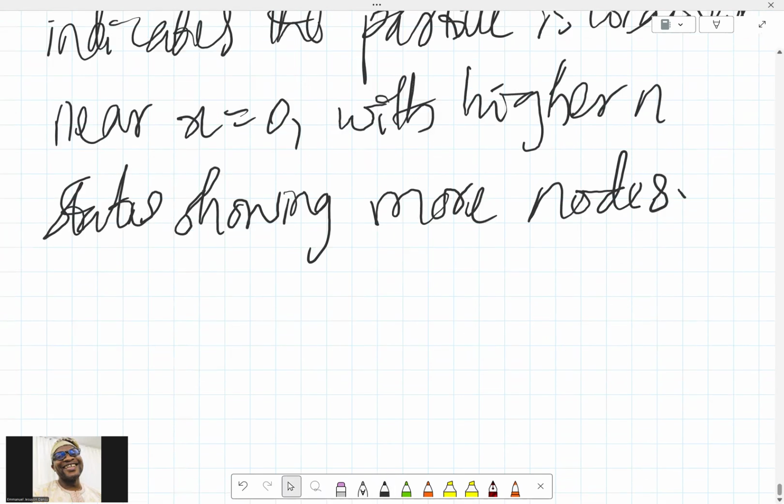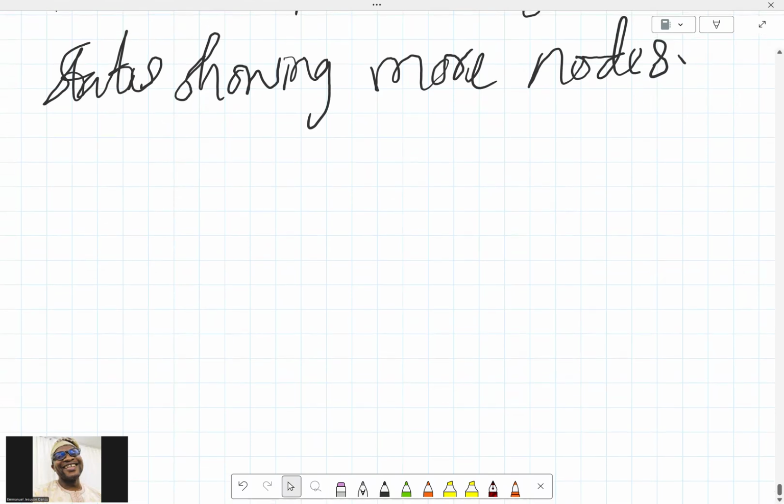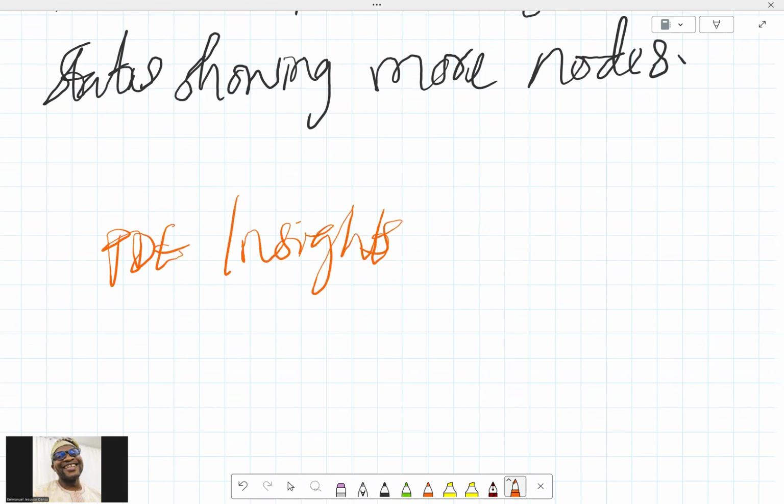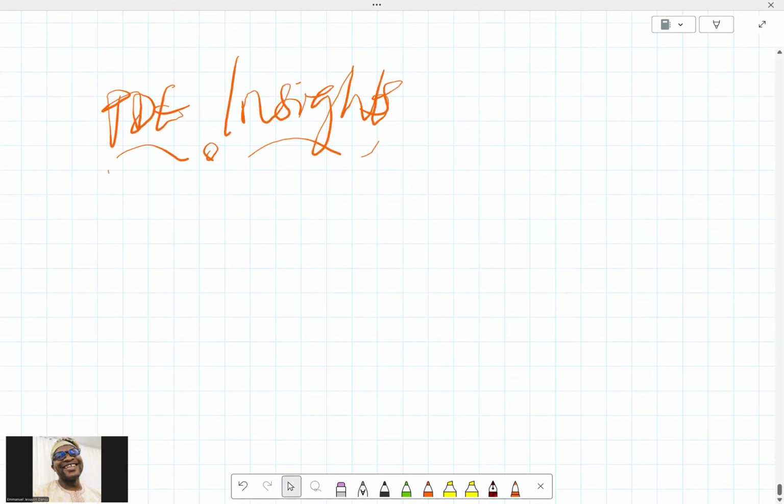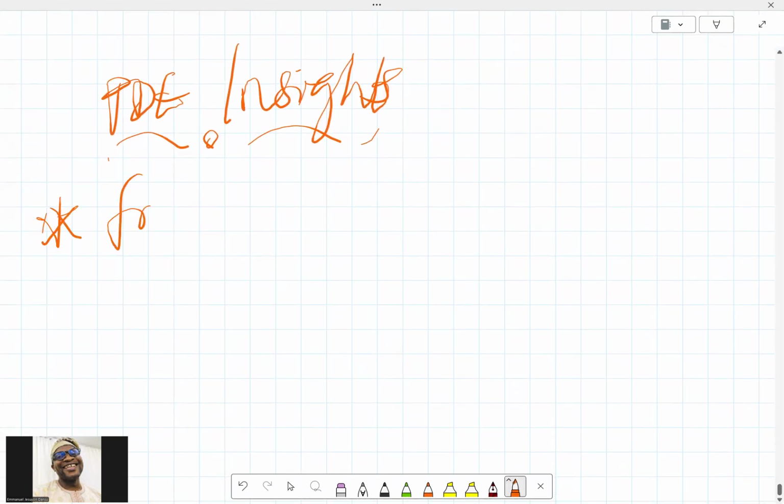Before we see the Python code, let's look at some insights from here. So PDE insights, because we are relating quantum mechanics and PDE, talking about Schrödinger equations. First of all, free particles.